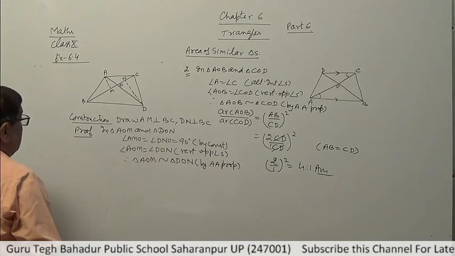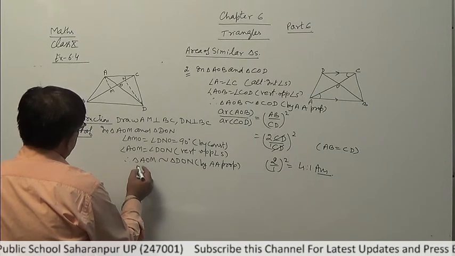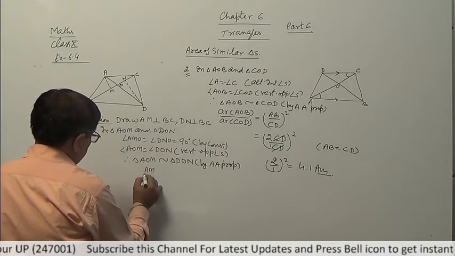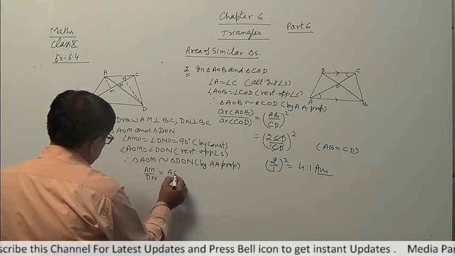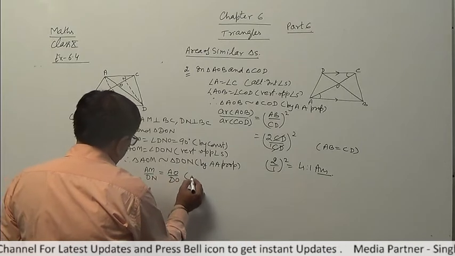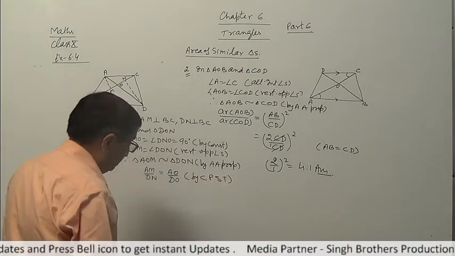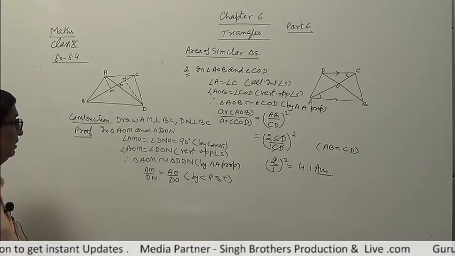When the triangles are similar, their sides are in ratio, so AM upon DN is equal to AO upon DO by CPST, corresponding parts of similar triangles.